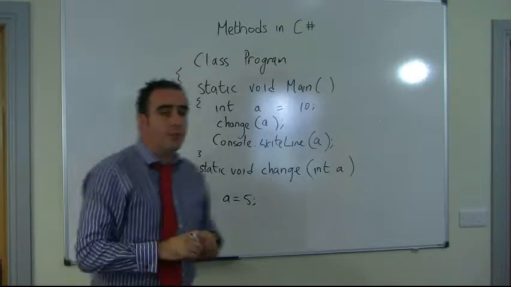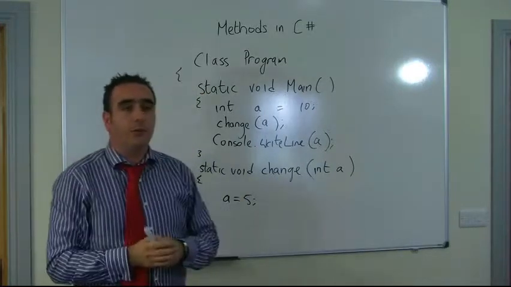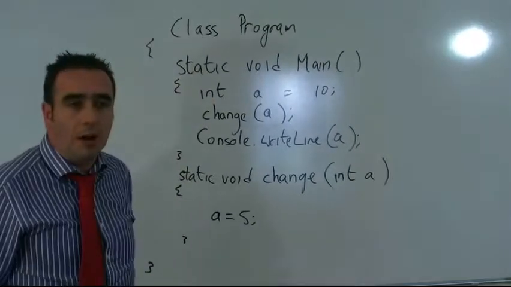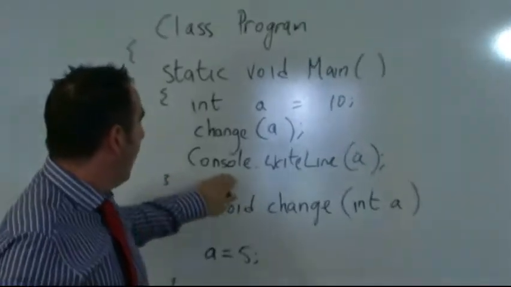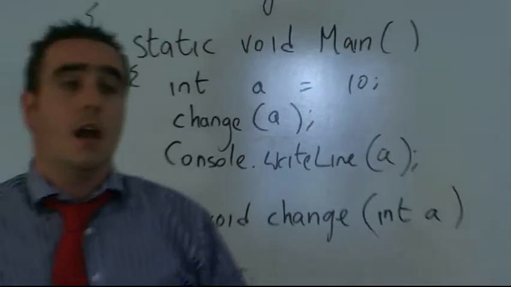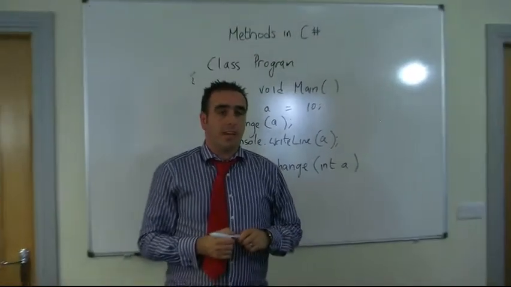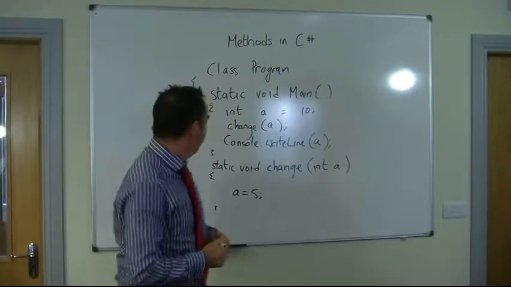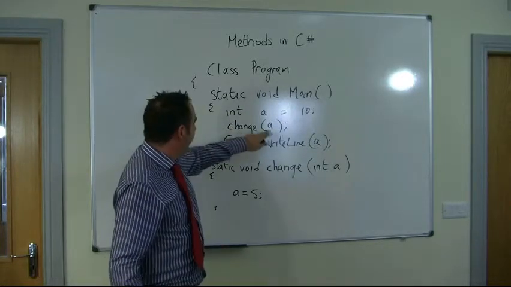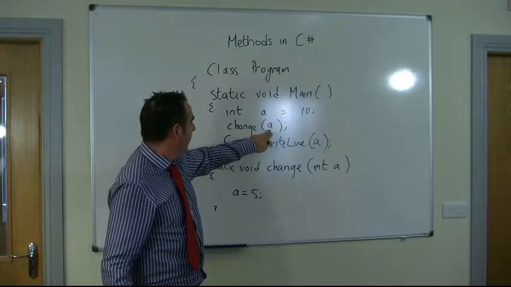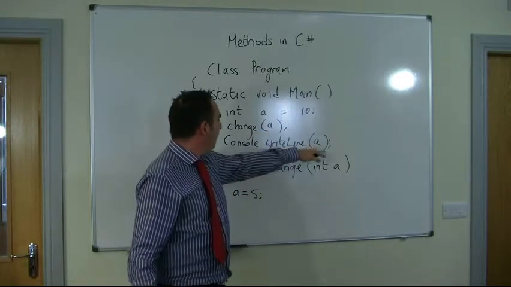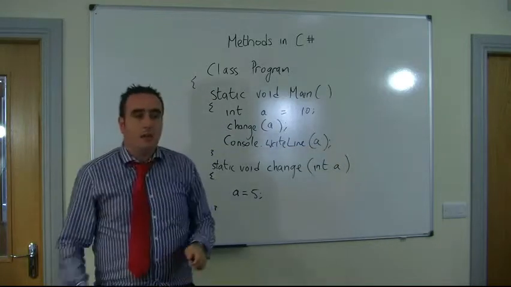Okay, so I have one brief question now that I would like to ask the floor. Can anybody tell me, when we run this program, what is going to happen when we get to this line here? What will be outputted to the DOS prompt? I'll just ask Terry to see if anybody has come up with any answers. Remember what we're doing: we're saying A is equal to 10, then we pass that 10 into the change method, and the value changes to 5, and then we go back up to our main method and we print out the value of A. Joseph said 5.